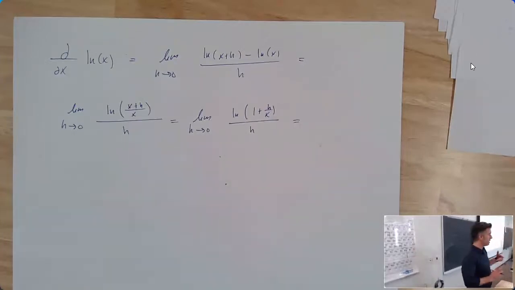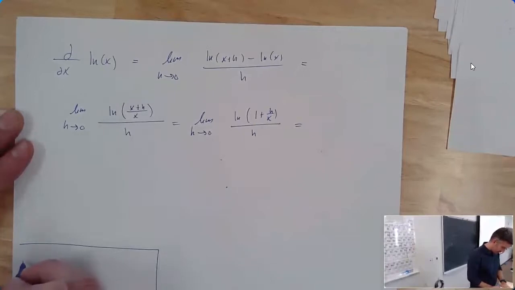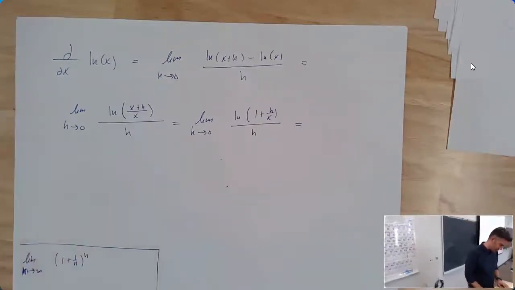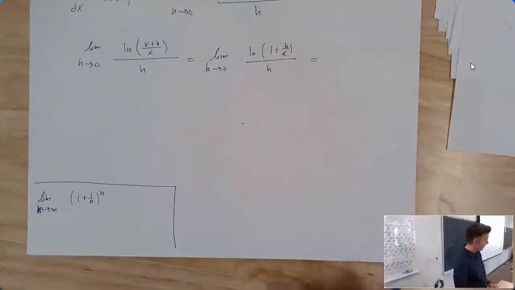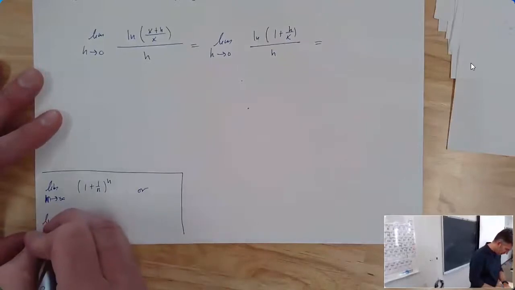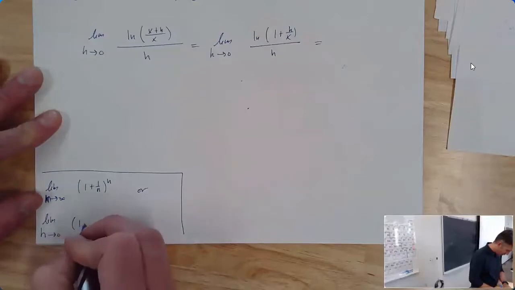So here's what I know I want. Let's actually just work backwards from a place. I know I want e to show up, and I know that e is the limit as n goes to infinity of 1 plus 1 over n to the n. Or if you prefer, and we do prefer, the limit as h goes to 0 of 1 plus h to the 1 over h.